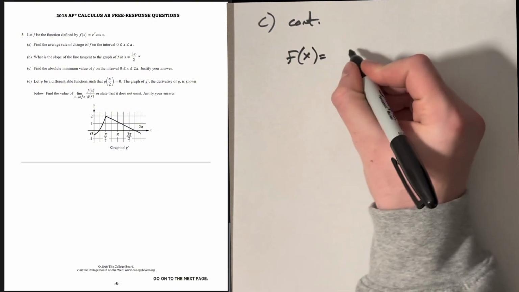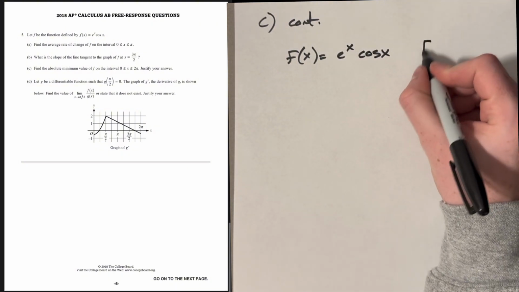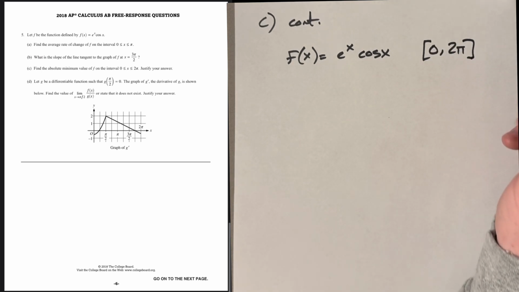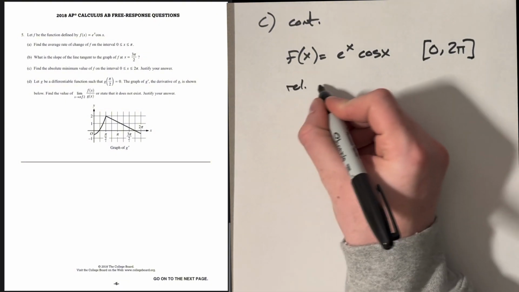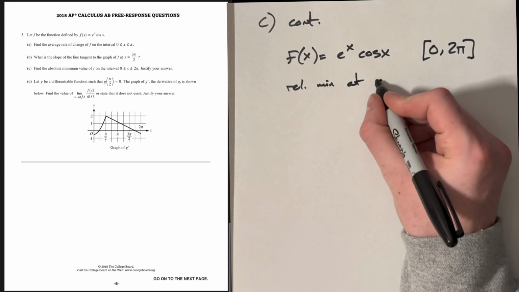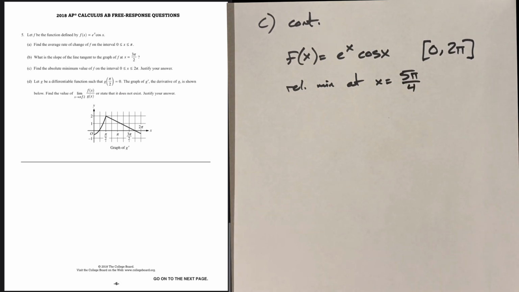F of x equals e to the x times the cosine of x. Our interval is from 0 to 2 pi. We're looking for the absolute minimum. The relative minimum is at x equals 5 pi over 4.